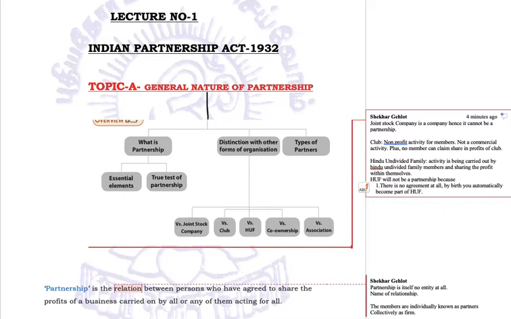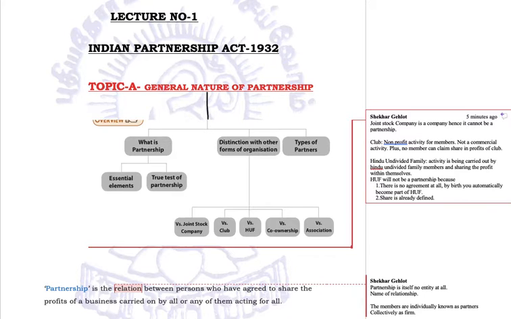Like we discussed, first there will be a desire for earning profit, and then there will be an agreement. Here, there is no agreement at all. People are entering into a relationship with each other simply because of their birth in a particular family. Plus, the share is already defined, even before they enter into the partnership.